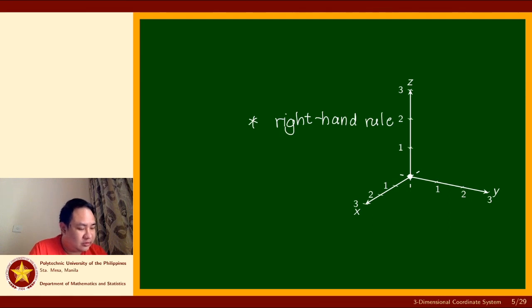There is another convention though, also known as the left hand rule, where the positions of x and y are swapped. So for example, in the left hand rule, the x-axis will be here, while the y-axis will be here. But for our purpose, we will stick with the right hand rule.